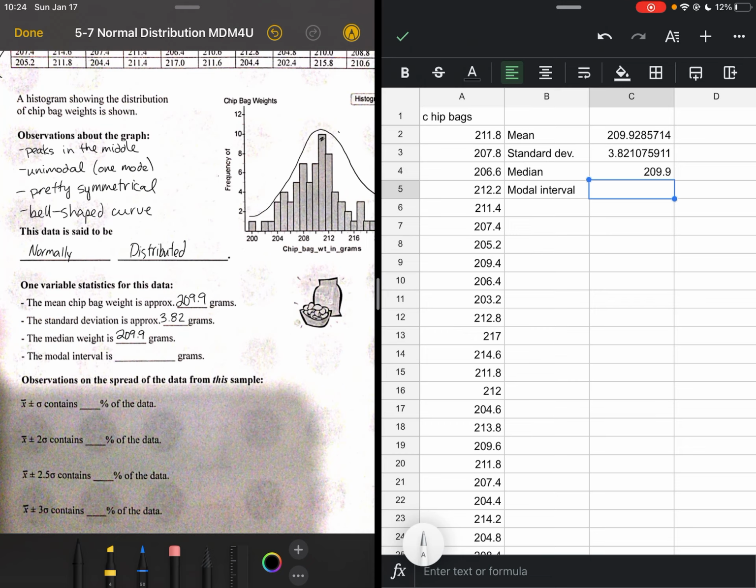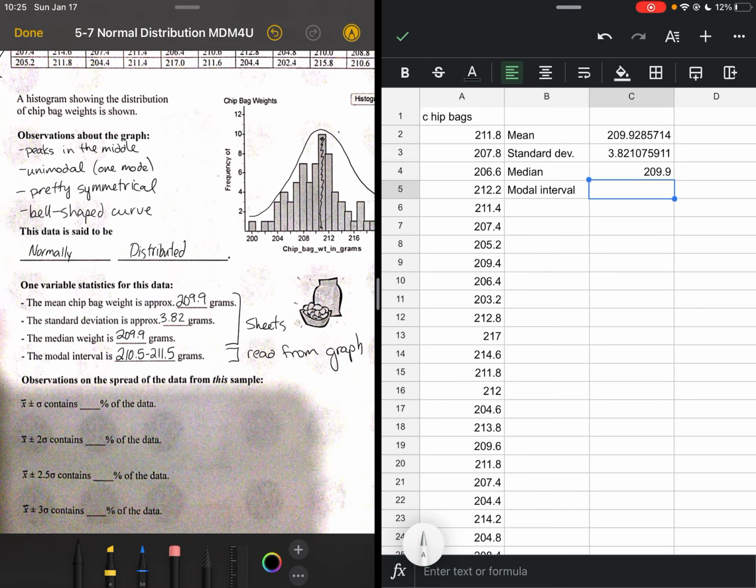I know it's this one right here. And if I follow that all the way down, that goes from 210.5 to 211.5. So that one's just read from the graph. So these three were from sheets and then read from graph.